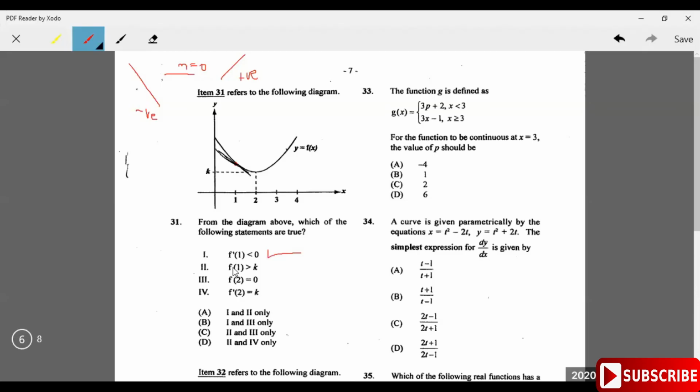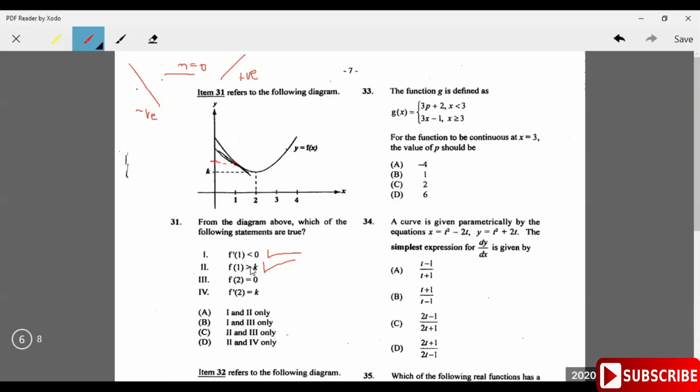All right, now f of 1 is greater than k. Yes, f of 2 is equal to k, and f of 1 is clearly greater than k. F of 1 is right here, which is above k, and so 2 is also true.